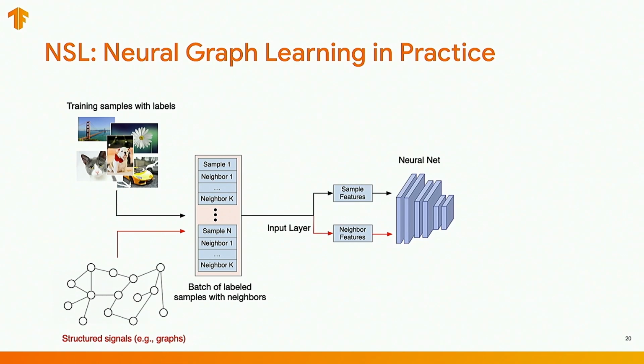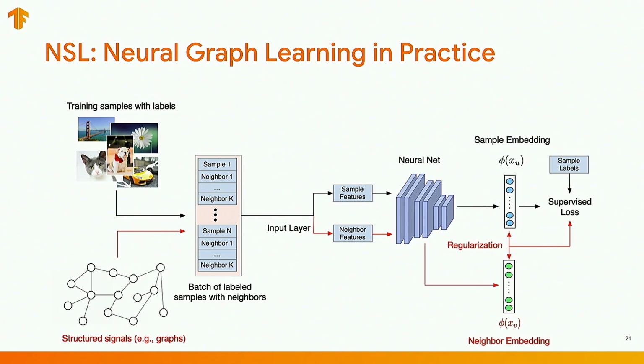Both the sample and its neighbors are passed simultaneously through the same network, and the network learns to optimize within each layer, and this is also configurable, by the way, to push the embeddings for neighbors closer to each other. That means two images that are connected in the graph should learn similar embeddings when passed through the network.